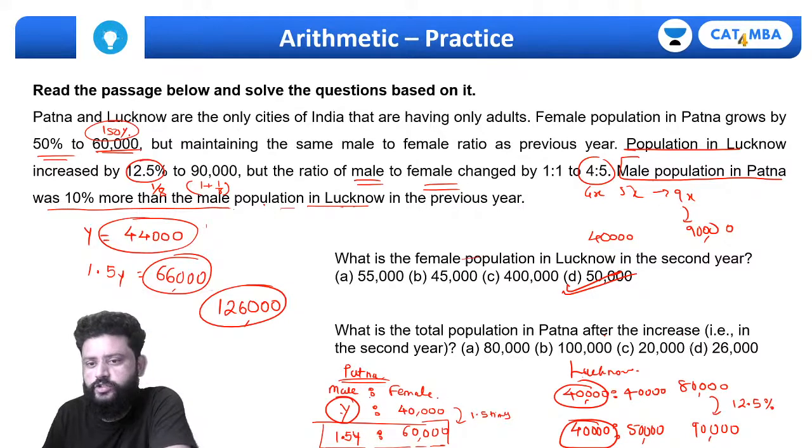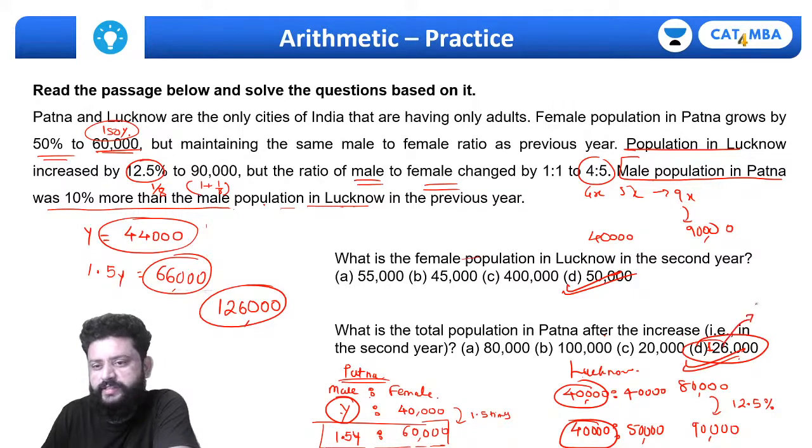Yes, that's right. So it should be 1,26,000. So there is a typo here. The answer is this, but it is 1,26,000.